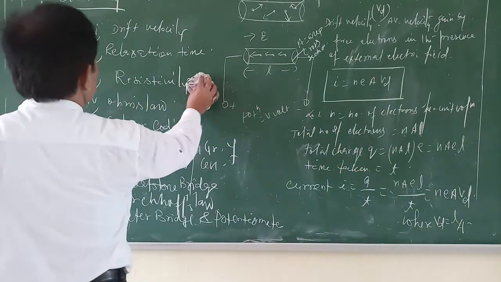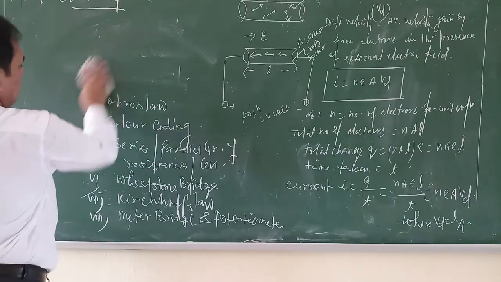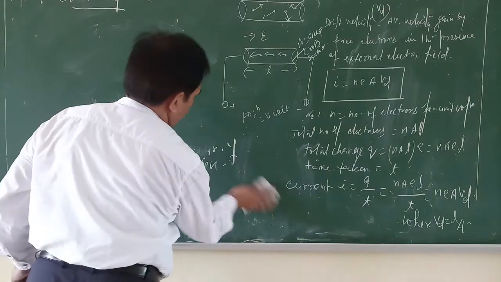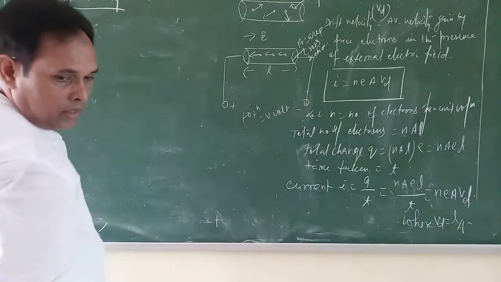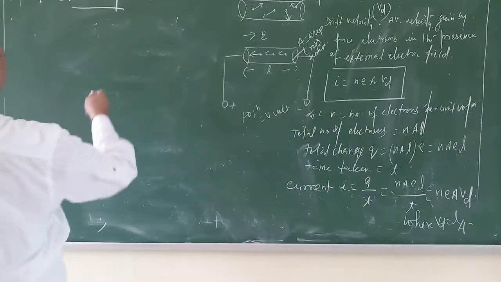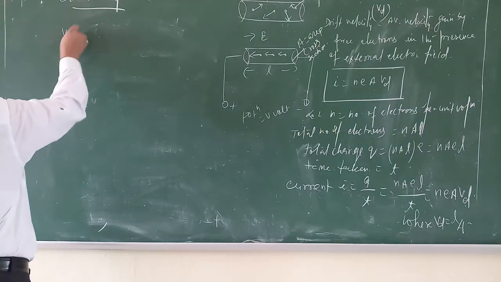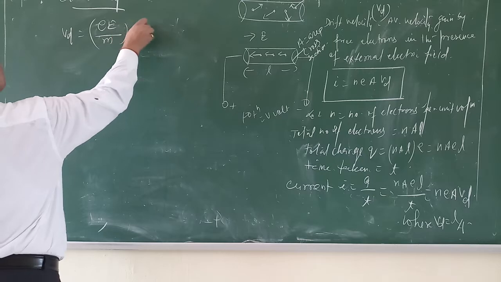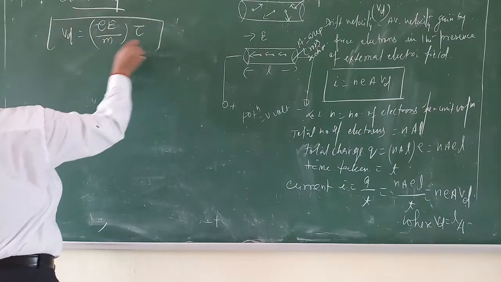After that, you can find another expression for drift velocity. The second expression is Vd equal to eE by m into tau.